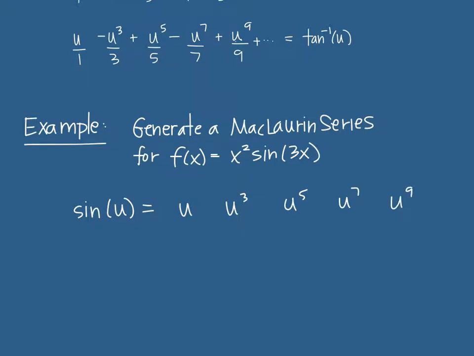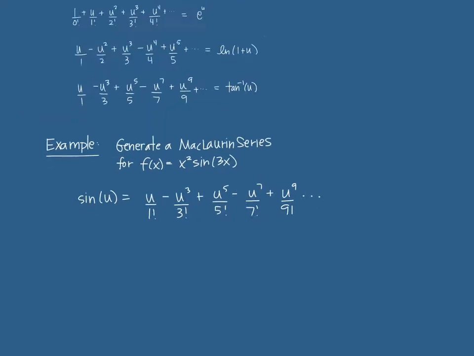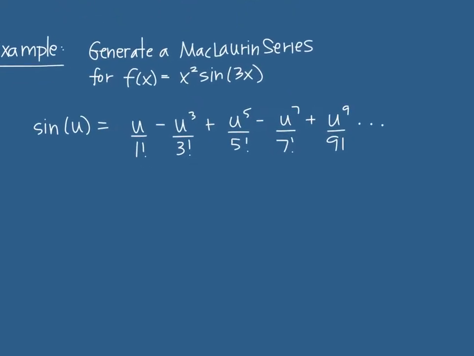Yes, in sine we've got the alternating signs. What else? The denominators are factorials. So 1 factorial, 3 factorial, and so on, dot, dot, dot. Okay, that's sine u. We need sine 3x. So change all the u's to 3x.